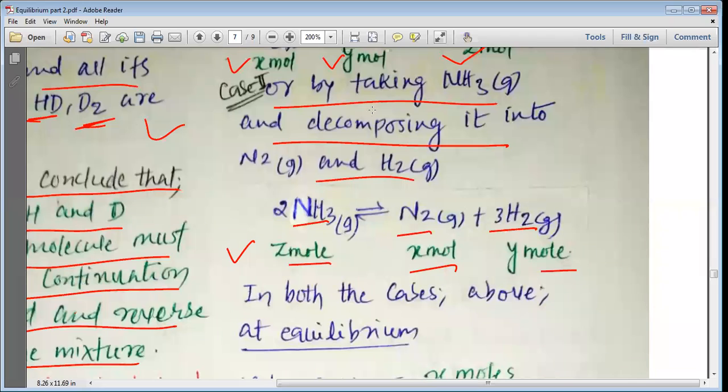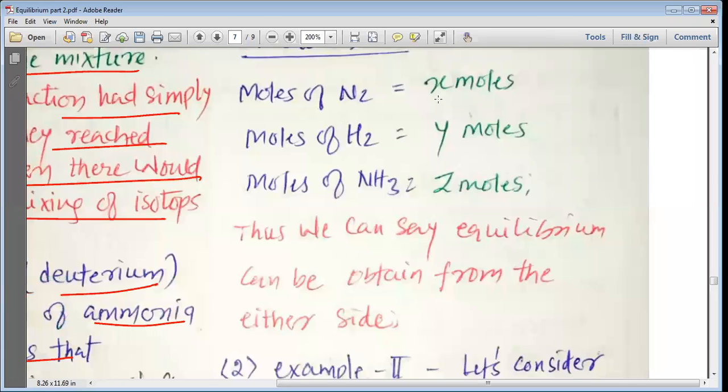So in both the cases, if you compare, you will have the same amount of reactants and products, or the same amount of species available at equilibrium. From this we can say that the moles at equilibrium are: N2 is X mole, H2 is Y mole, and NH3 is Z mole.